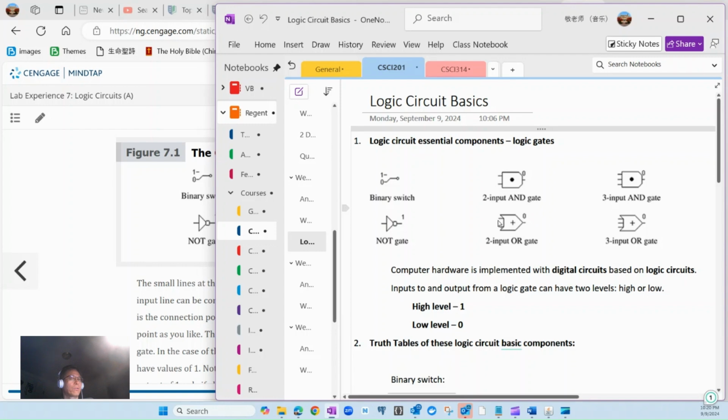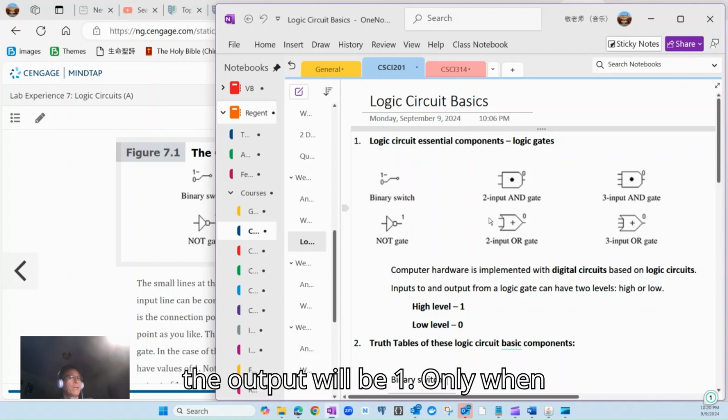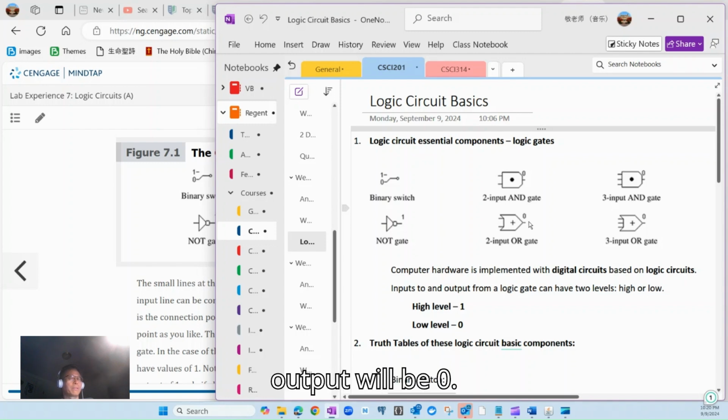OR gate is when any one of the inputs is 1, the output will be 1. Only when all the inputs are 0, the output will be 0.